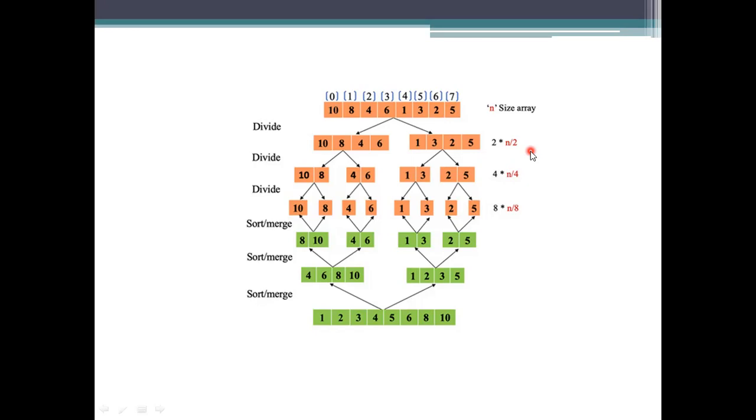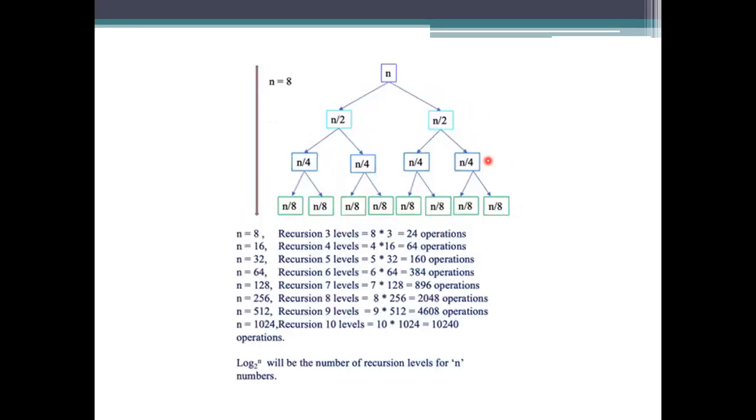If you are taking 16 elements or more, you can write the division order likewise: n by 2, n by 4, and so on. It depends upon the size of the array we are using.